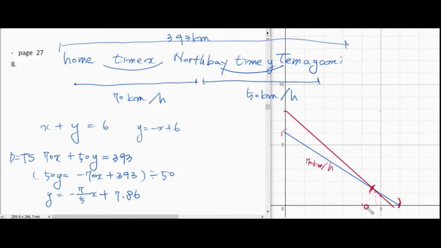So the point right here will be, that's 4, and this is 4.5, so just about, let's say 4.7. And then, he drove 4.7 hours from Ottawa to North Bay, and then 6 minus 4.7 equals 1.3. And for the 1.3 hours from North Bay to Temagami, he drives at a speed of 50 kilometers per hour.